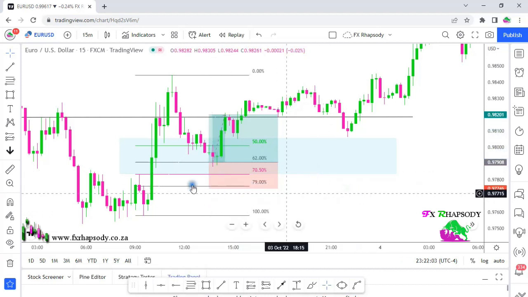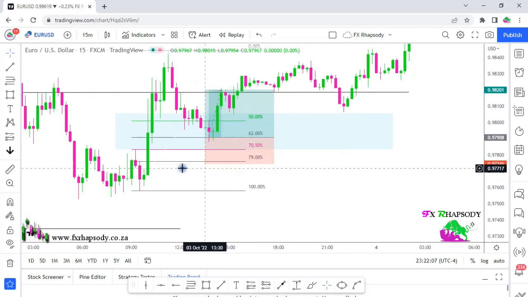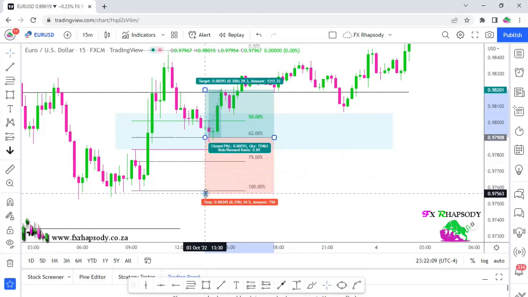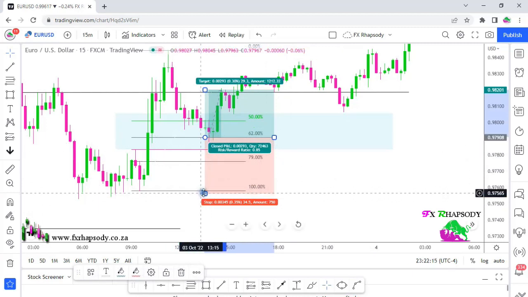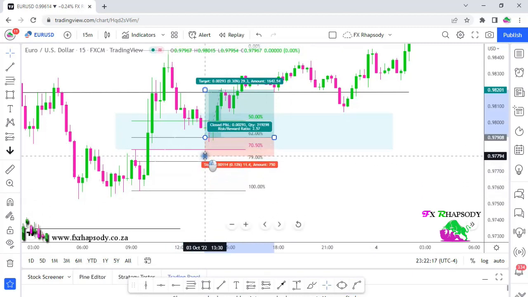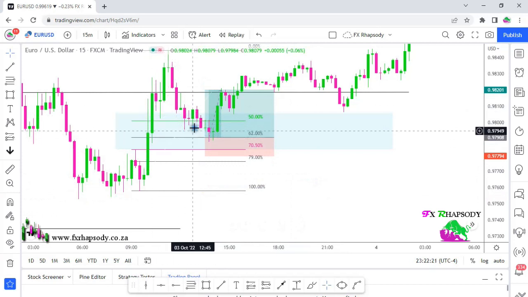I do not like placing it there because a lot of guys, I have talked about this, you have your risk below the 100%. But if you look at that, it's a lot of pips that you're risking. So confirmation for me is literally this fair value gap block. Because if price closes below this fair value gap block, then for me, that is not a trade.